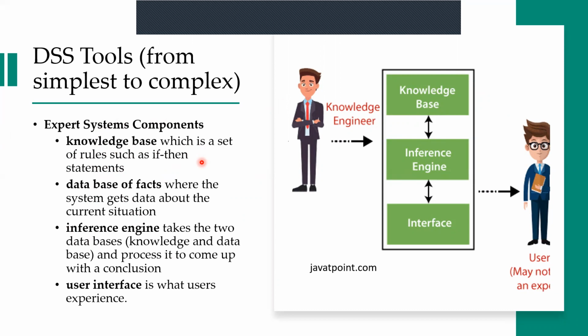So an expert has years of experience making that decision, and the expert system mimics that. The database of facts stores the data or the current situation. The inference engine links the two so that it can come up with a conclusion. And finally, we have the user interface, and that is what we see.